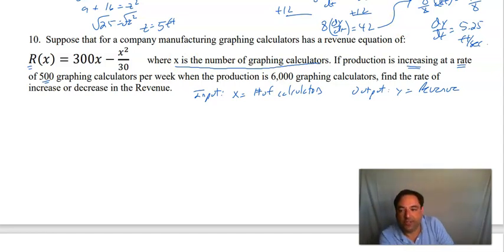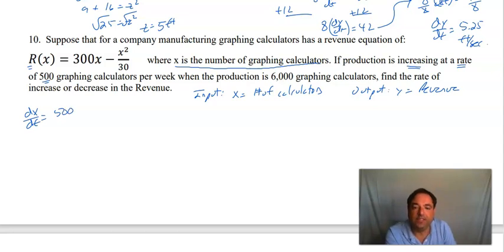So how the calculator's sales are changing, the revenue is changing, is dx over dt, which is the 500. Okay, that's 500. Again, output over input, the revenue per calculator, revenue over calculator. Okay, then per week, it's over time, so it's per week, revenue per week.